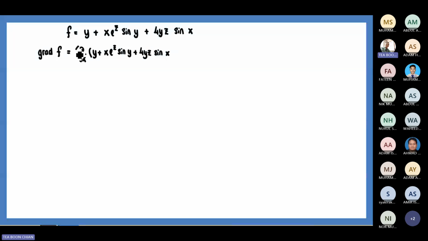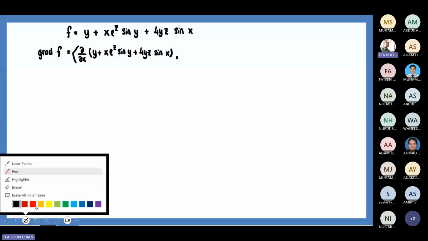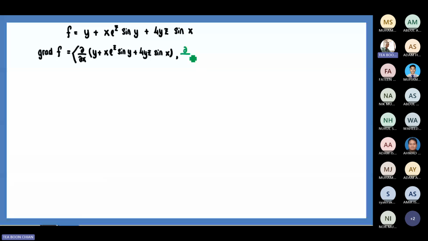So this is with respect to x, comma, oops, before that, close the bracket, comma, second, differentiate with respect to y, the same function again.